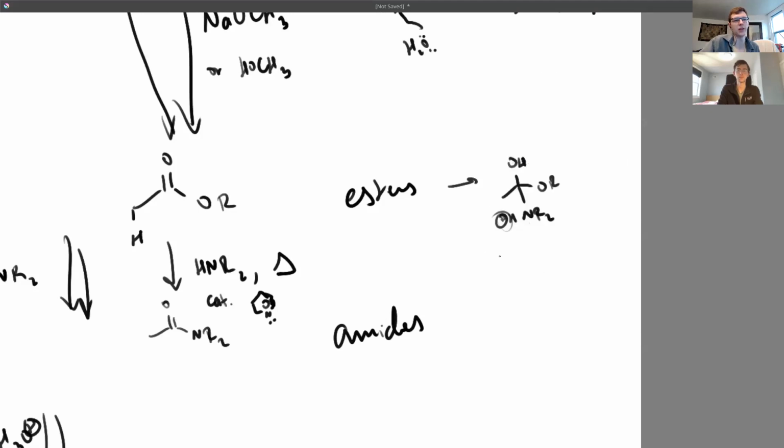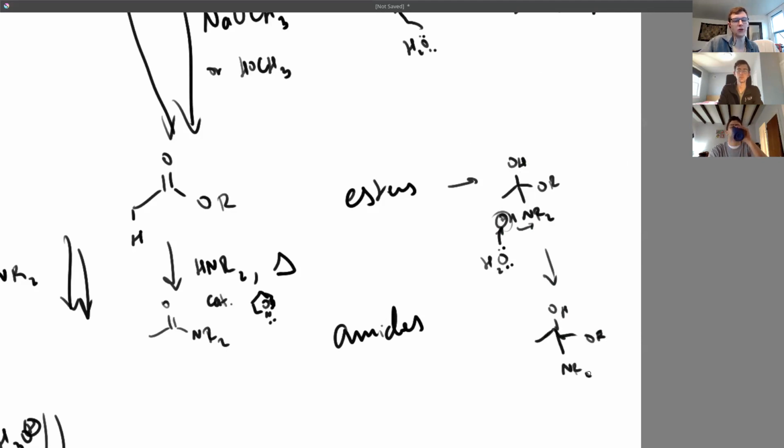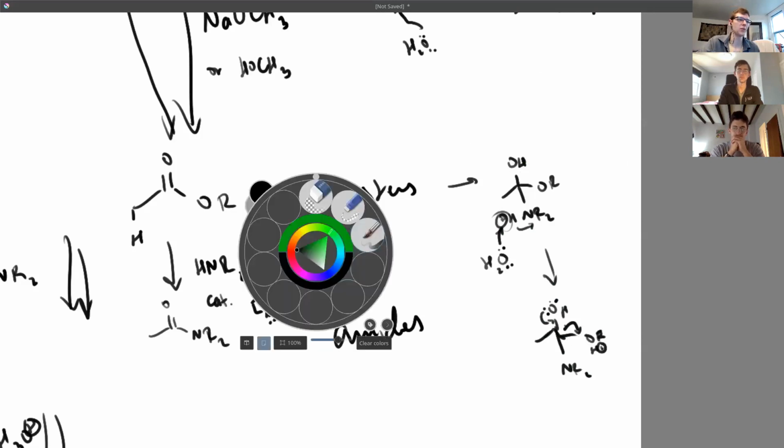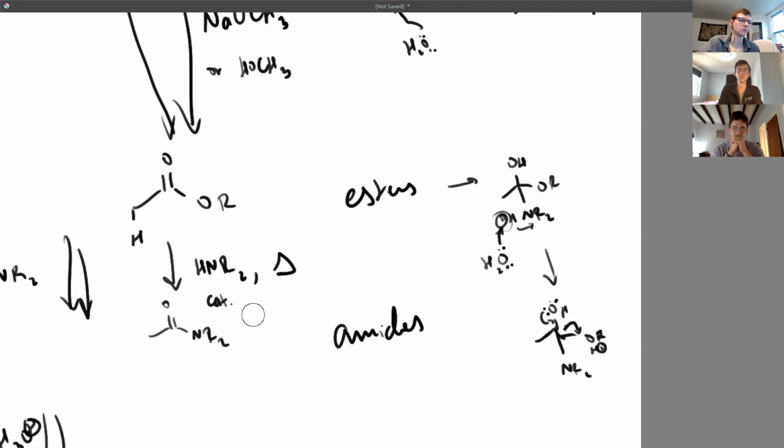That way you've protonated here, and then you could pull off like this. Right, and then you have NR2, right? And from there you just reform. You've protonated here at some point, right? Something like that. So this should probably be under acidic conditions.